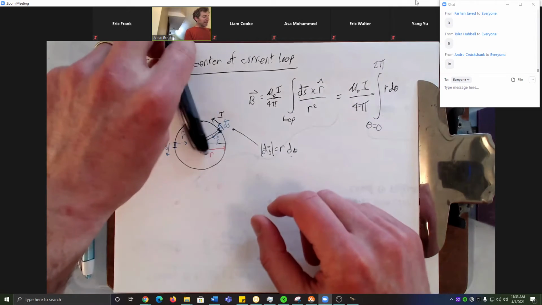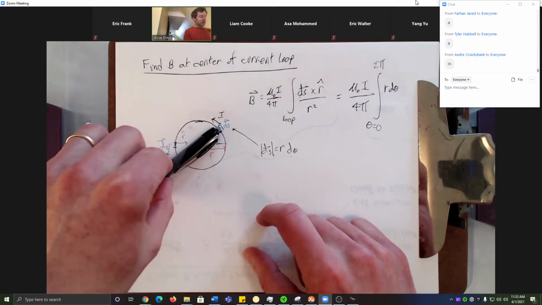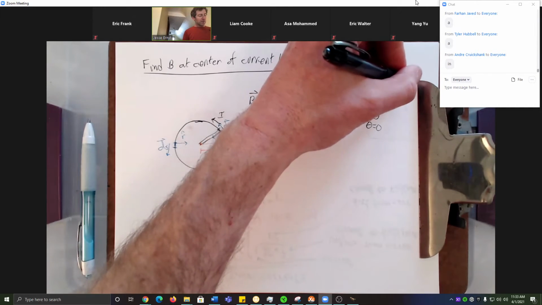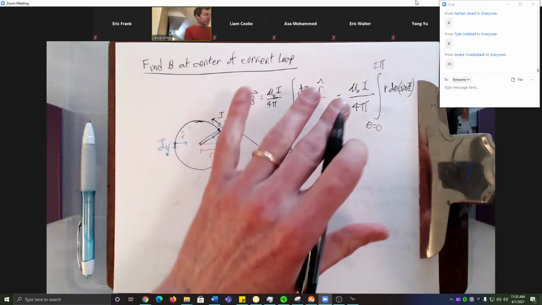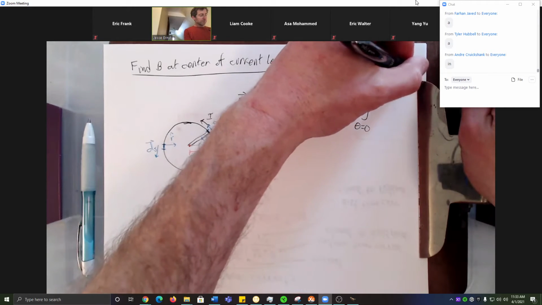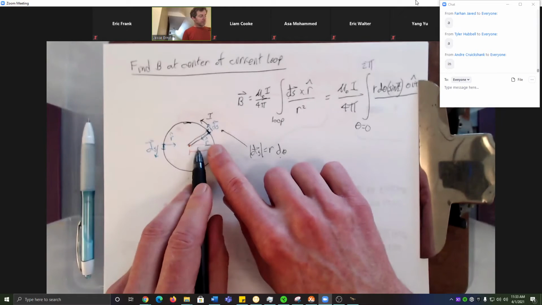The sine between ds vector and r hat is always 1, because the angle is always 90 degrees. So that's going to be sine of pi over 2, and that direction is going to be outward over r squared. Right?